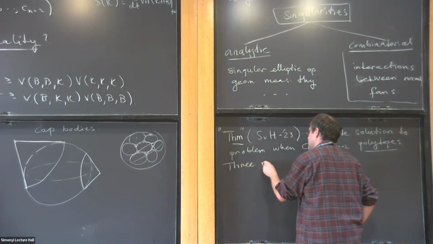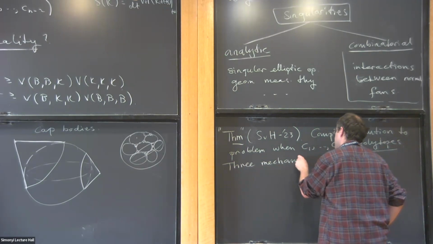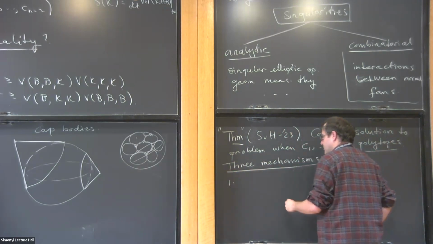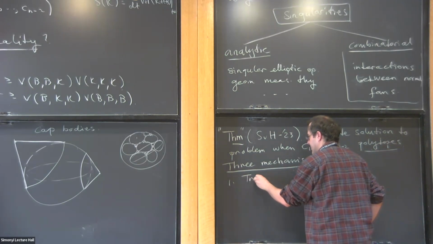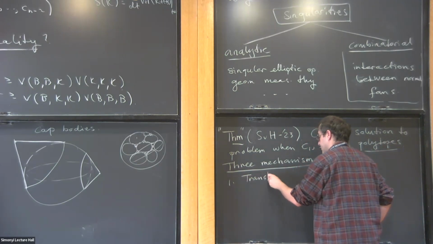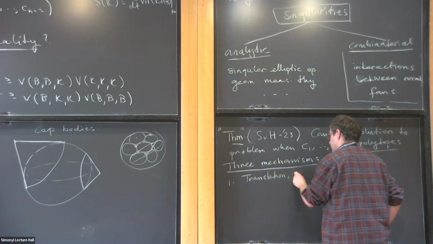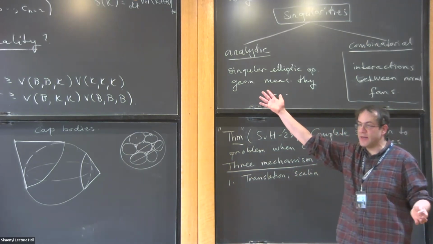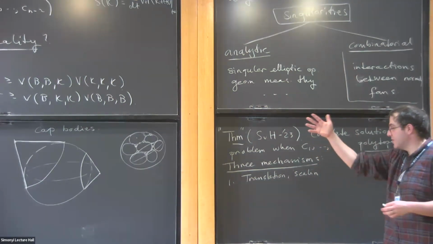There are three mechanisms that cause equality. The first one is translation and scaling. This one is trivial. If I translate or scale any of the bodies, I don't change the equality cases.